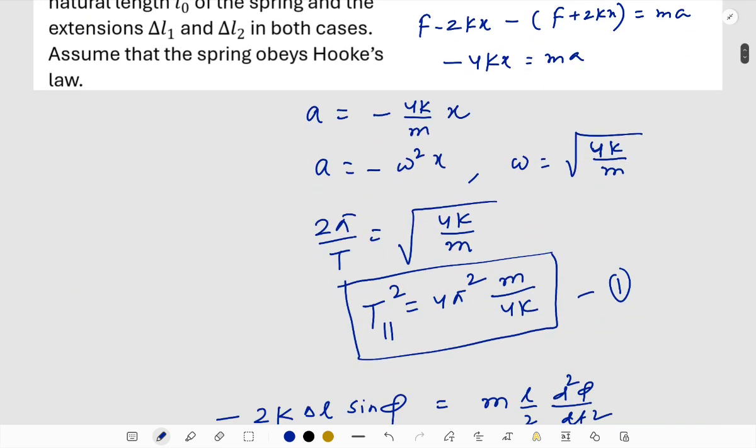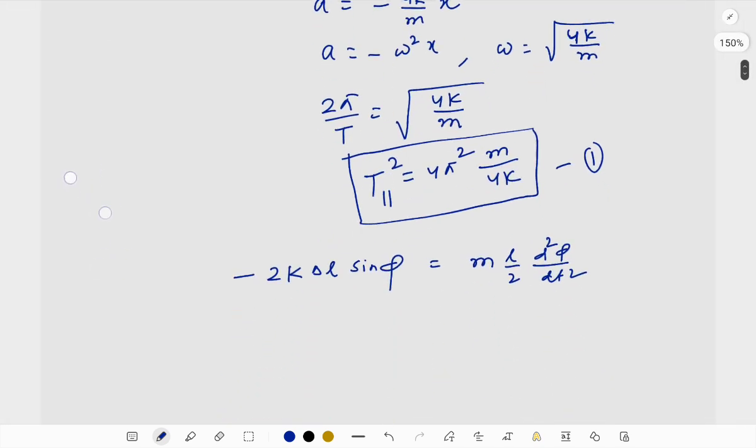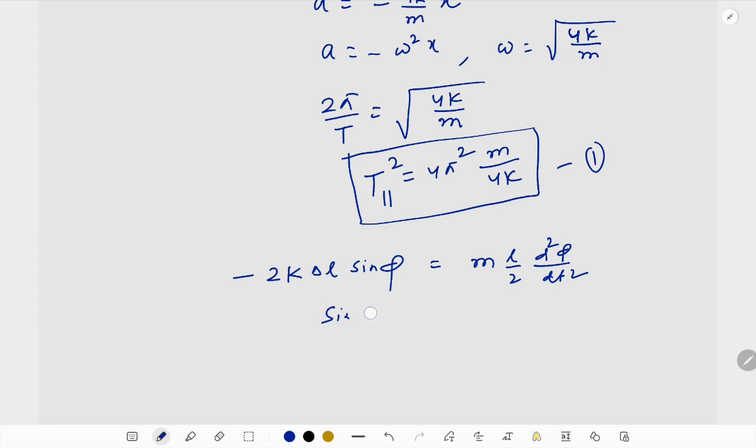And now, since we wrote everything else, we can put sine phi equal to phi, because phi is quite small. So we got a relation like mL by 2 d2 phi upon dt square equals minus 2k delta L phi. That's right.